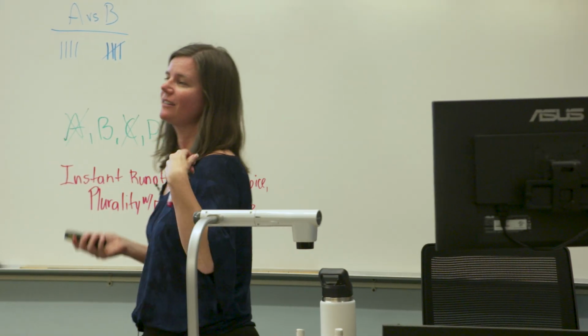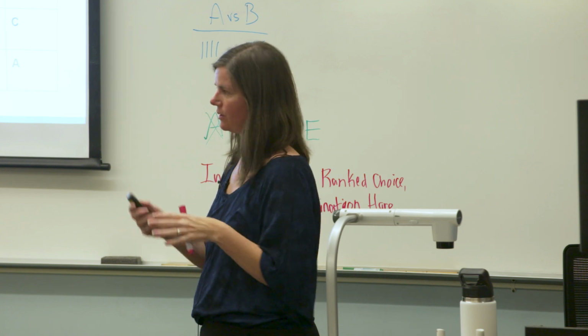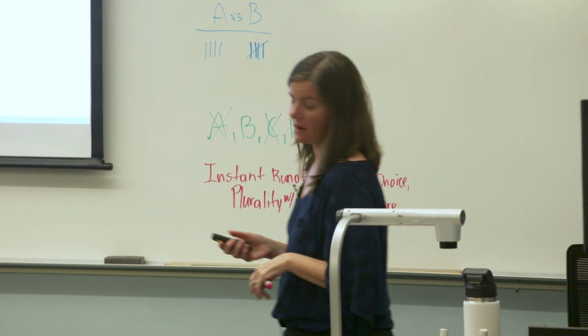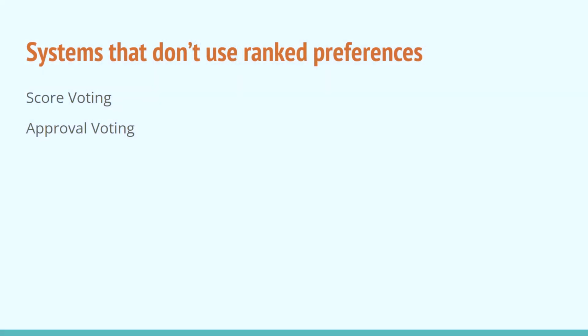All right, so that's kind of our summary of voting systems. There are way more than that, but those are kind of the basics. I did want to mention score voting and approval voting. So these are systems that don't use ranked choice voting, so you're not ranking alternatives.